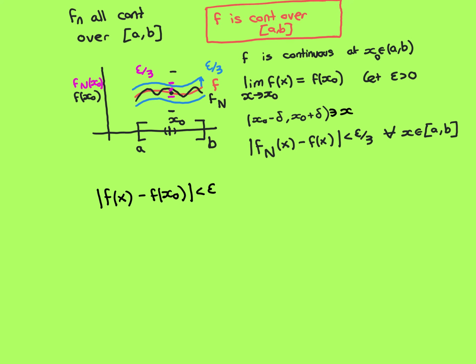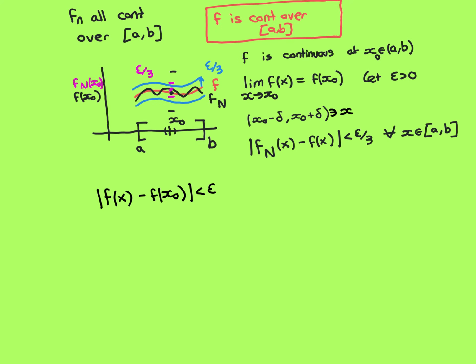So I can do this by showing a bit of magic manipulation of the triangle inequality. So I've got my delta interval here, which I got from using the continuity of f big N at x0. And I'm going to take a point in that delta interval. And what I want to look at is what is it mapped onto by f, and in particular, how far away is that from what x0 is mapped onto by f, the limit function.